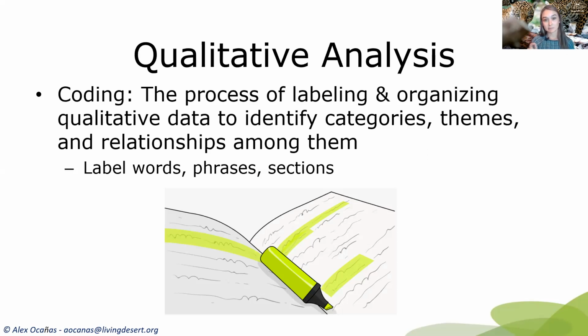And when we do this, we label different portions of text. It could be a word, a phrase, a whole paragraph or a section. In general, you're just breaking your data down and labeling it in different ways so that you, as a human, can begin to process it and make sense of it all. Have some way of organizing it.